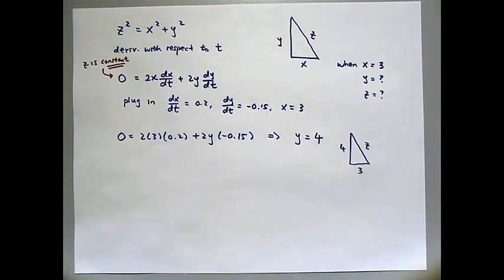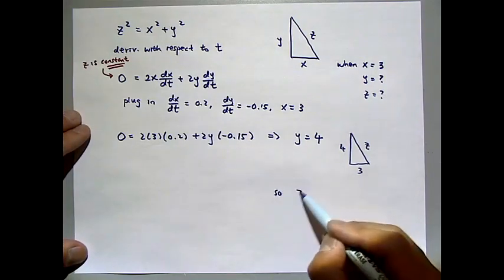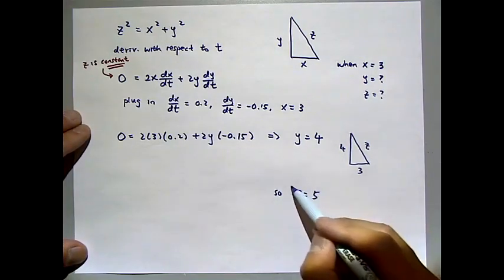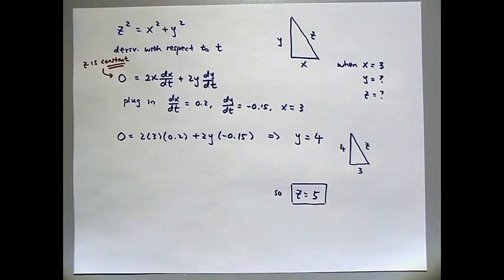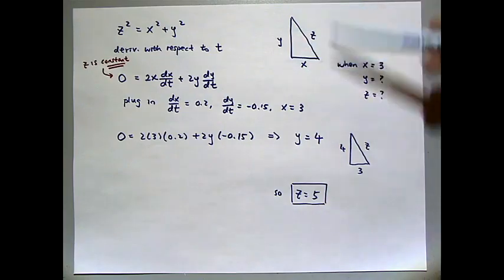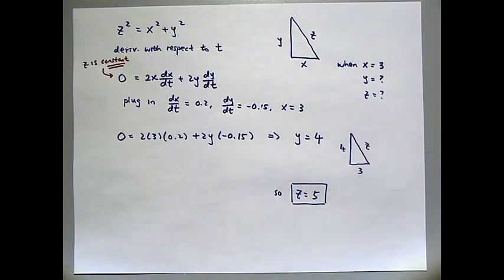And now you know at that particular instant, x is equal to 3, y is equal to 4. z is equal to, it's a 3, 4, 5 triangle, or you can use the Pythagorean theorem. But we would know z is equal to 5. So this one's a little bit different. We were looking for one of the sides, but we have to work around that using the rates.